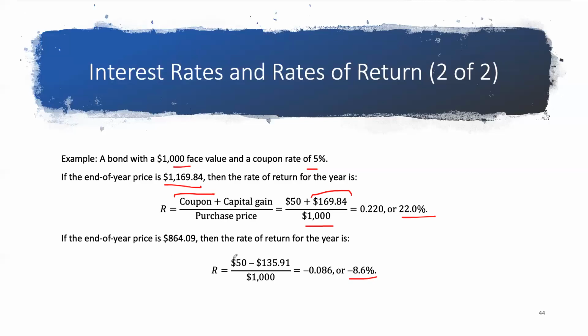Okay. So with the rate of return, the point I want you to understand is that there are two sources from which you can earn a return on a bond. One is the coupon payment that the bond makes, and the other is the capital gains or losses that you can realize from the fact that the price of the bond fluctuates.